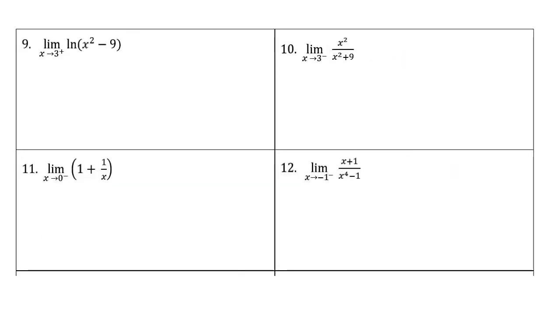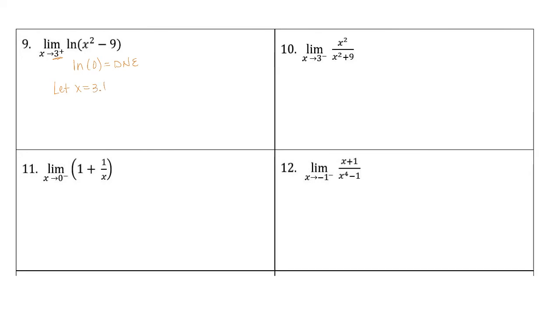All right, looking at number 9, several people have asked me about this. Now, when we do our straight substitution here, when we plug straight in, that's going to give me the natural log of 0, which does not exist. We're not going to have a value there. So we need to look at a value a little bit to the right of 3, so we can let x equal 3.1.